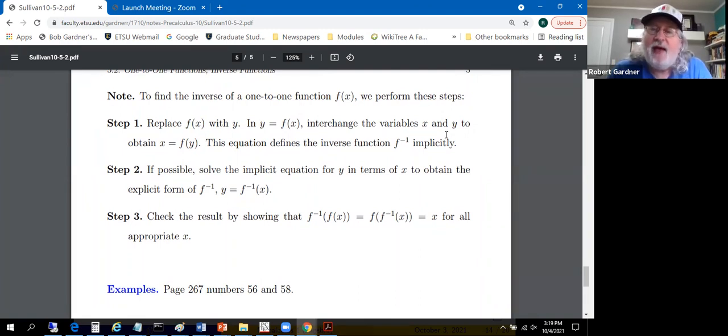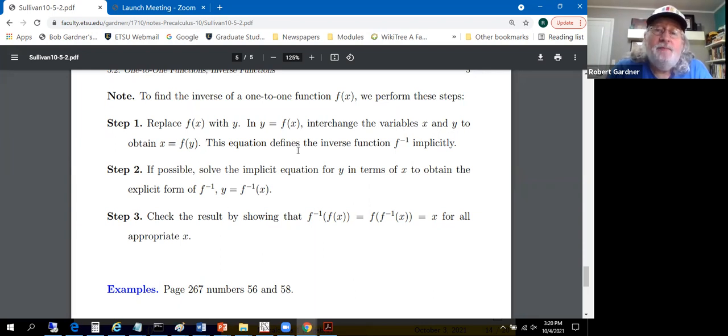So lose the f of x, simply change it to a y, and deal with the resulting equation in variables x and y, and obtain an equation of the form x equals f of y. That is, solve for x. So replace f of x with y and solve for x.